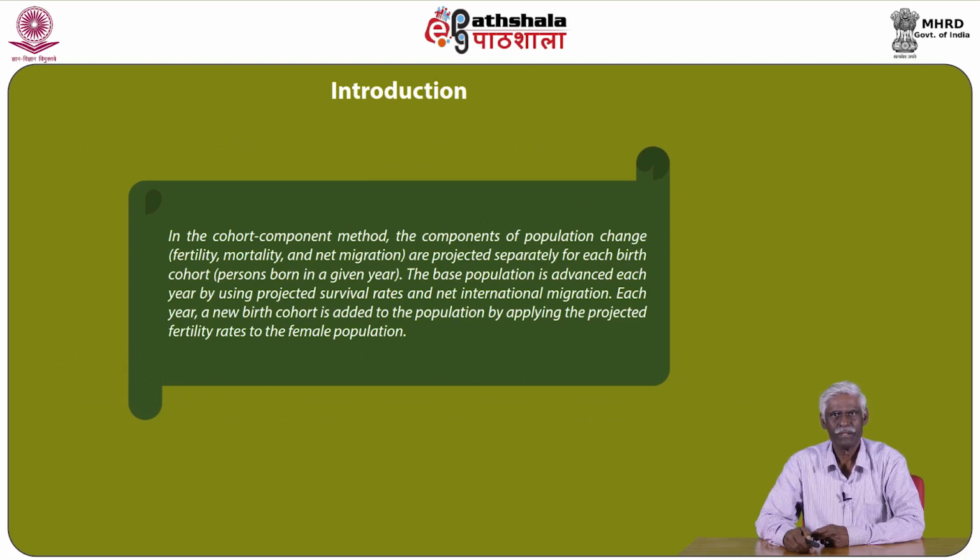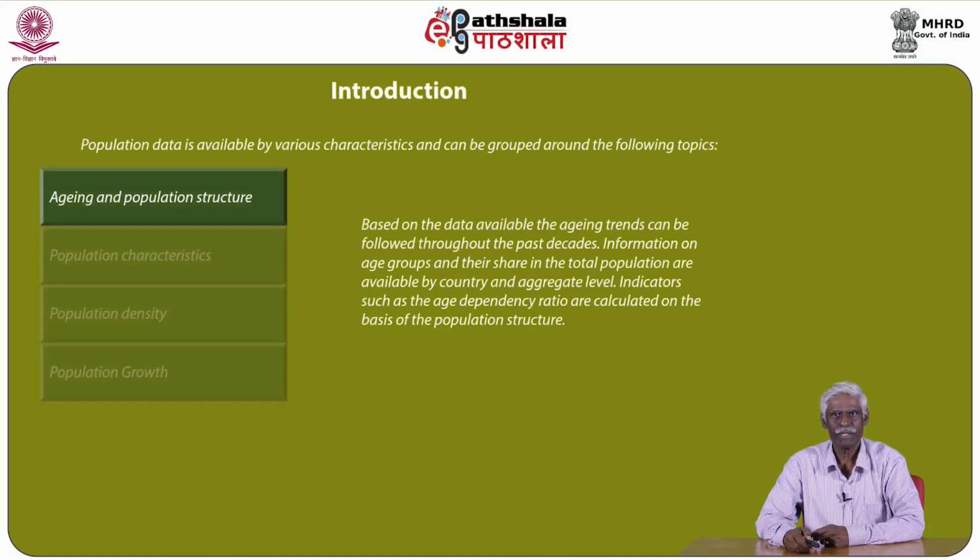Each year, a new birth cohort is added to the population by applying the projected fertility rates to the female population. Population data is available by various characteristics and they can be grouped around the topics which are presented below.